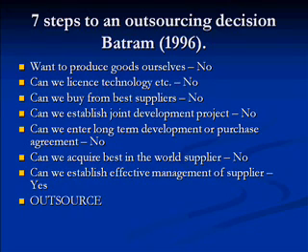Can we buy from the best suppliers? Can we establish a joint development project? Can we enter a long-term development or purchase agreement? Can we acquire the best-in-the-world supplier? Can we establish effective management of suppliers? Outsource. Based on these questions, we can decide whether we can go for outsourcing or not.